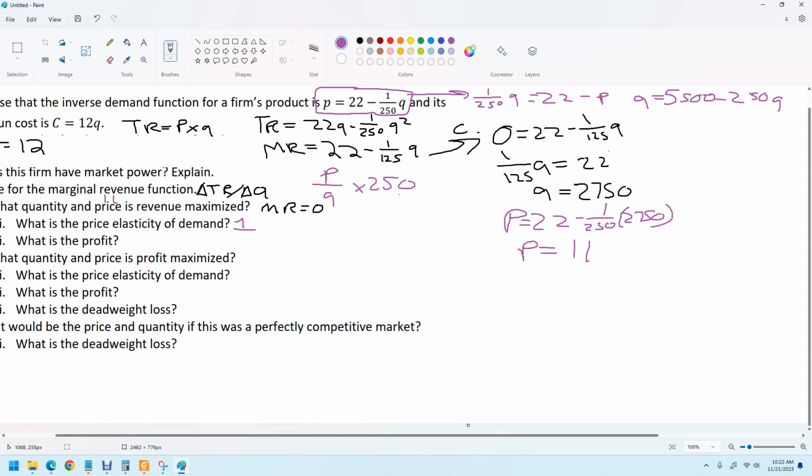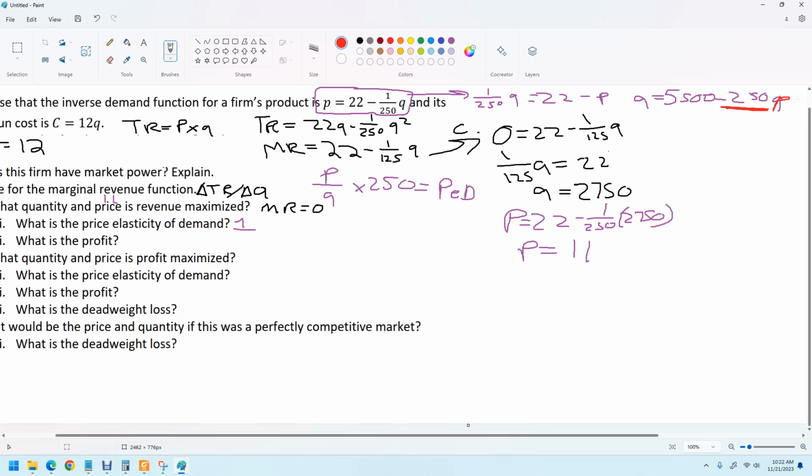That's the formula for point elasticity. If you want to know a specific price and quantity point, it's the coefficient on P in the regular demand function. So that's going to equal 1.